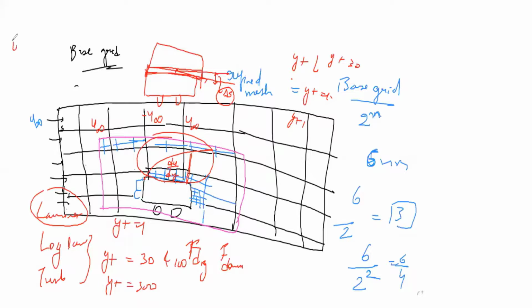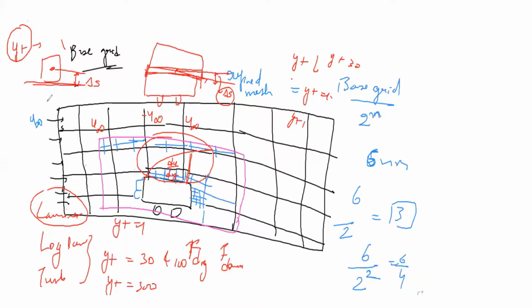So y plus is basically representing the distance of the center of the cell from the surface of the body. In technical terms, it is called delta S, which represents y plus.